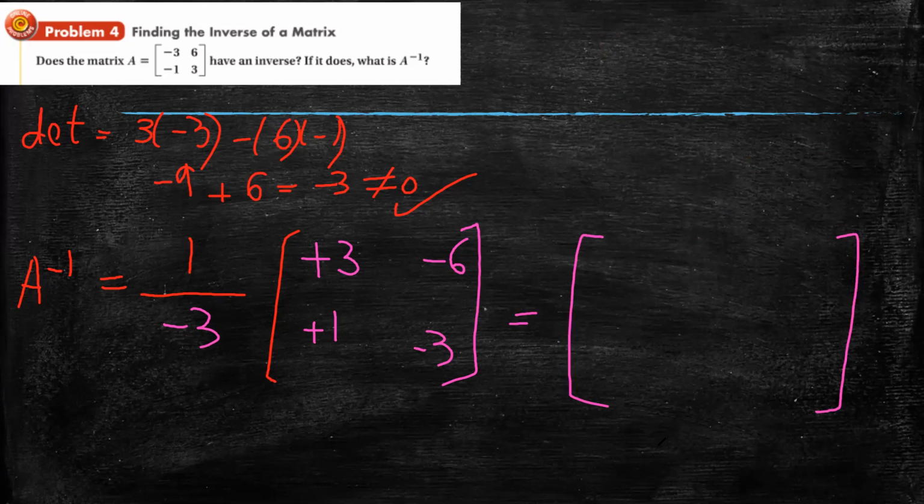Negative 1 over 3 times 3 is negative 1. 1 over negative 3 times negative 6 is positive 2. 1 times negative 1 over 3 is negative 1 over 3. And negative 3 times negative 1 over 3 is 1. This will be now the inverse matrix.